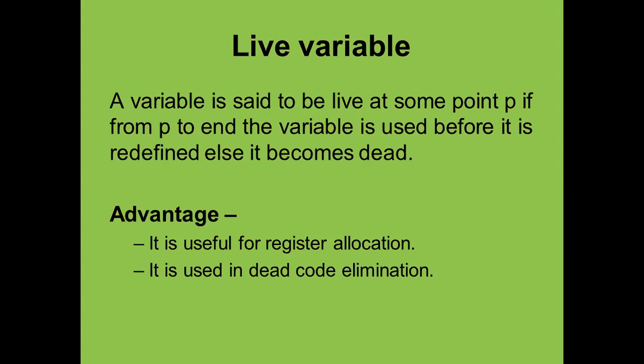What is the advantage? Now you can see here, it is useful for register allocation. Whenever we are going to use or store any previous value, or we are going to save our value temporarily in a temporary register, it is useful for register allocation, because these temporary values we can save in the register.